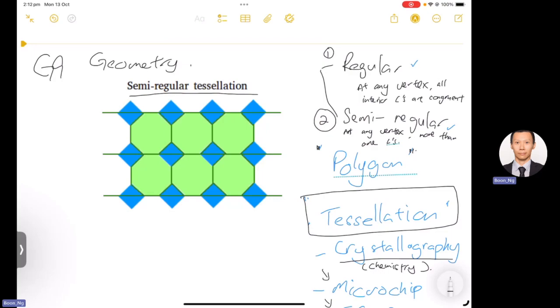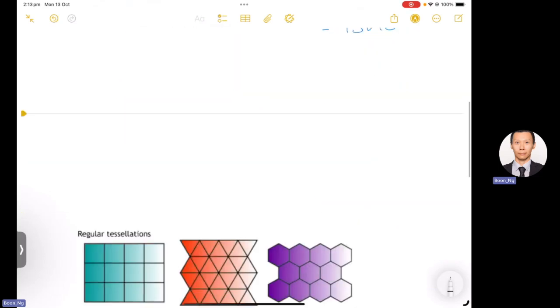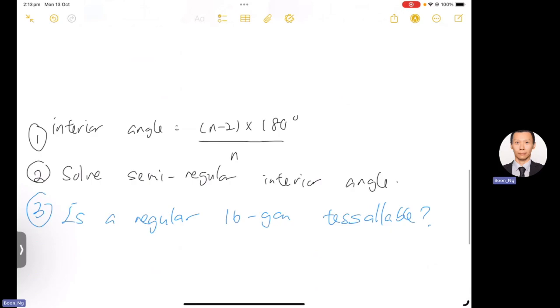Let's talk about this one. This is 1, 2, 3, 4, 5, 6, 7, 8. So it's an octagon. All right. So for the interior angle of this one, basically, there are two important formulas.